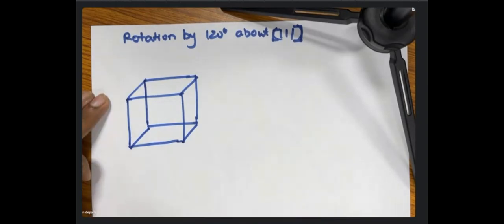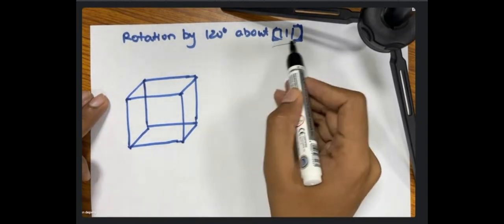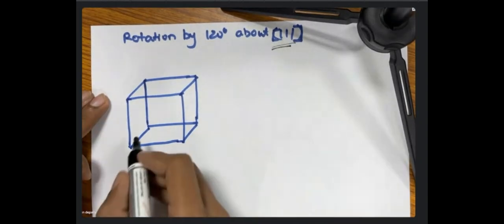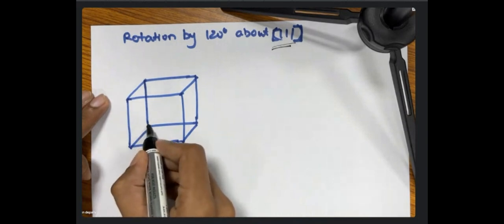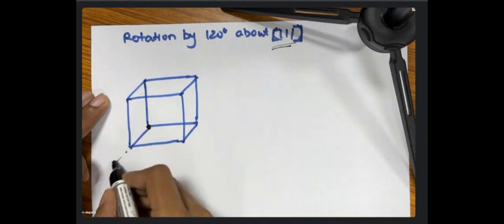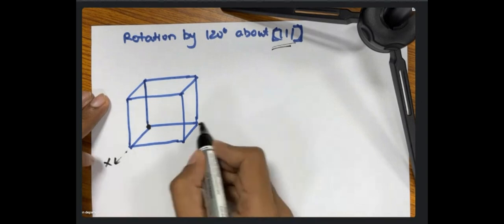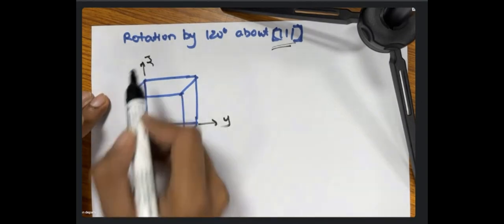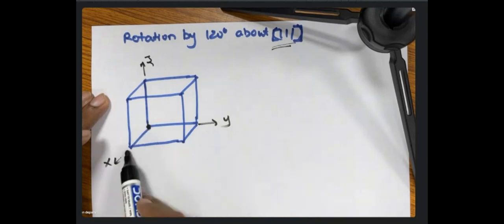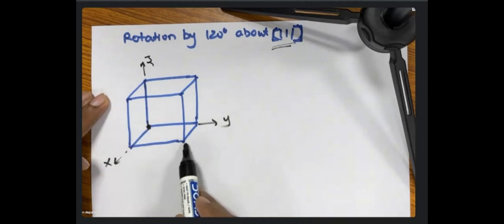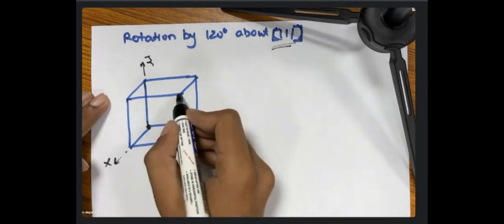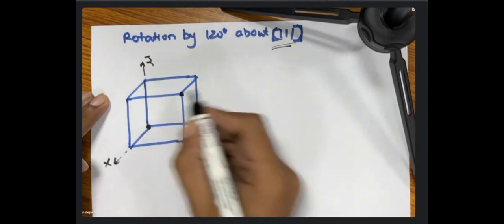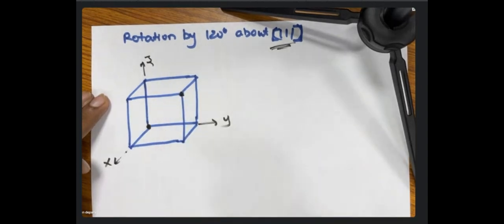Our rotation axis is [111], considering this to be the origin, this to be the x-axis, this is y, and this is z. We have to move one along the x, one along the y, and one along the z, and we will get to the final position of this particular [111] direction.